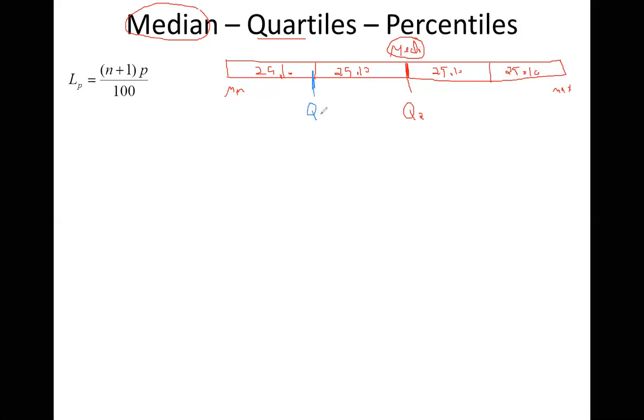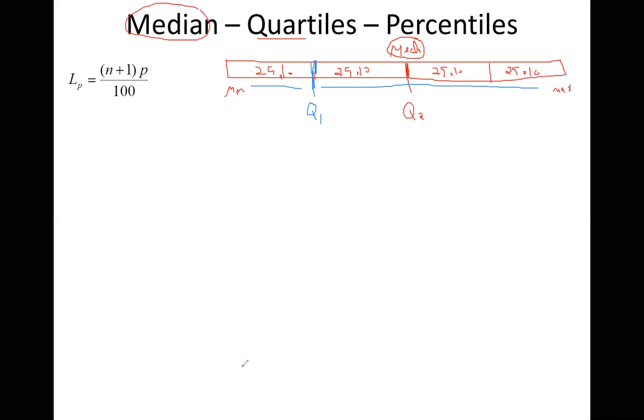So Q1 is the value that has 25% less than and 75% greater than. So the median, or Q2, is the same as the second quartile, the same measure indeed, dividing data into 50%, or 2 quarters less than and 2 quarters greater than. Q1 is the measure dividing data into 1 quarter less than and 3 quarters greater than.